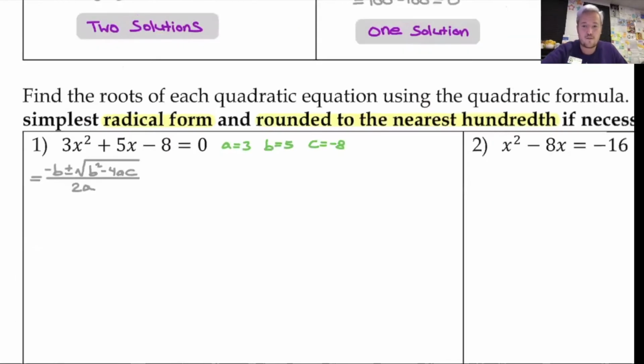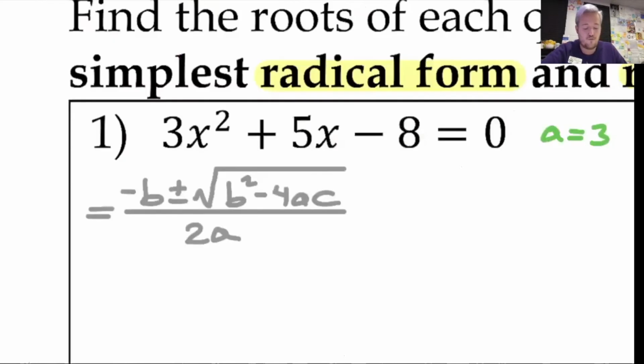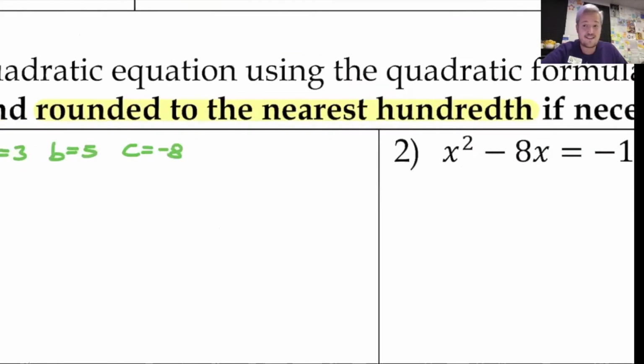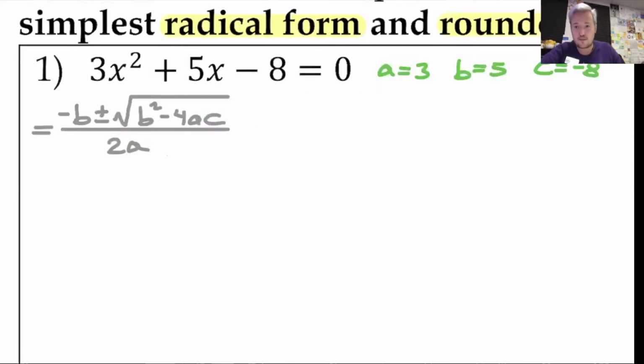Oh, one thing I forgot to mention. We are going to write each solution in simplest radical form and rounded to the nearest hundredth. So I will say on any assessment that you could potentially see, the answers could be written in simplest radical form or in decimal form. So we're going to go ahead and just expect both for right now. But on the test or any assessment, we'll just expect one or the other.